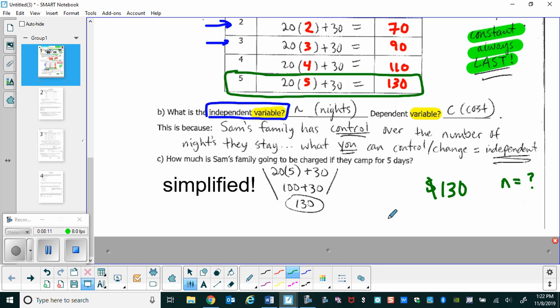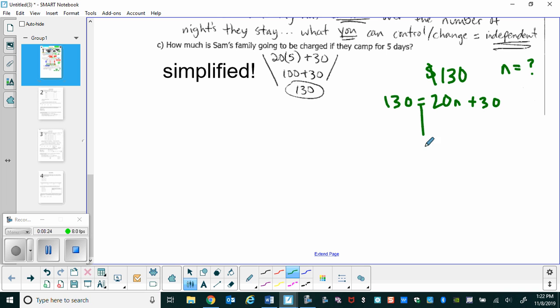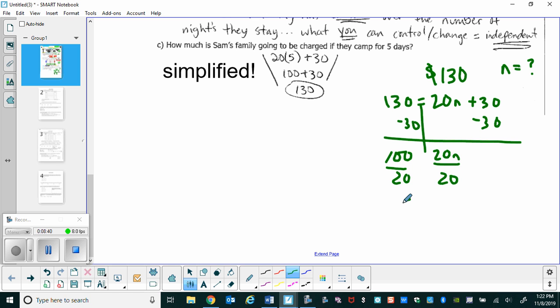And so you can say, okay, so if it's $130 that he spent, and it's $20 per night, and it's a $30 fee just to rent the space no matter what, you guys know how to solve, and you would subtract your 30, and you'd subtract the 30, and you get 100 bucks over here, and then you have 20 n. So then you would divide by this 20, and you would divide by this 20. So here would be the 5 nights that Sam's family stayed if you were given the total amount. So that's the other thing that you guys now know how to do.